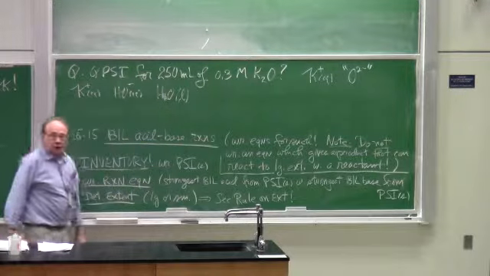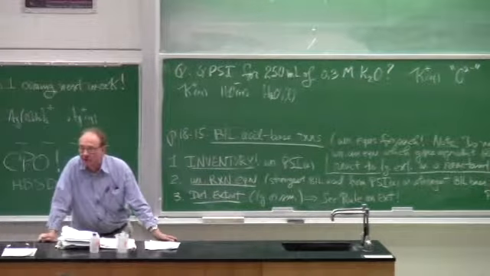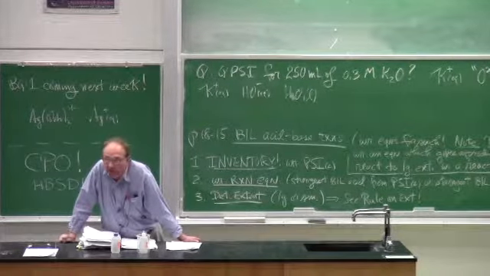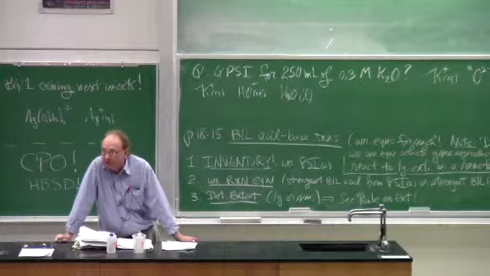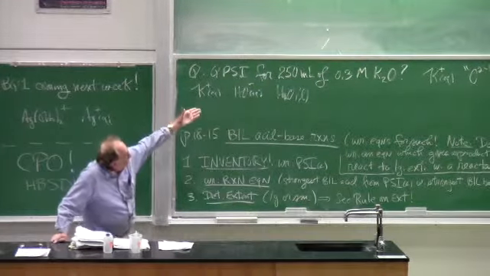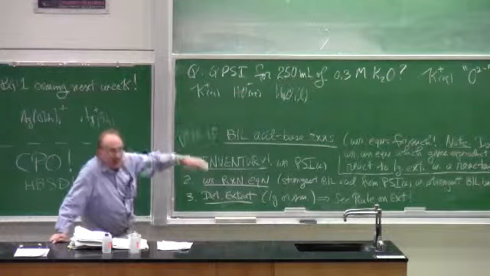Now with that, you should be able to get at the quantitative aspect of how many moles of each of these creatures you have in there, because I've given you the solution volume in addition to the molarity.